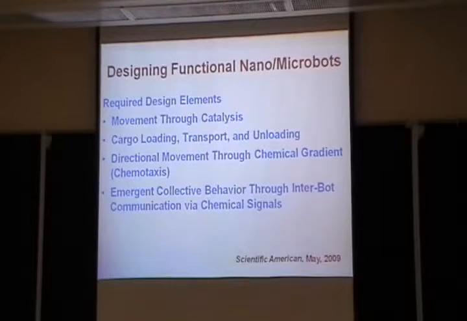Okay, so I'll talk about a few things. I want to talk about how you move things, how you can load them up, move the cargo, drop them off, etc. How can you direct the motion, so phototaxis, chemotaxis, so these are all synthetic systems. And then I'll end up by talking about how you can have them talk to each other. So that's the general plan of action here.